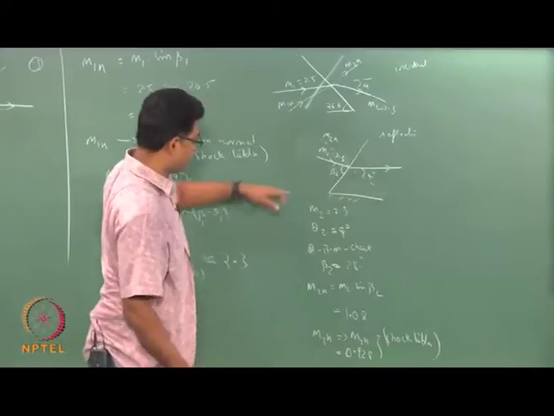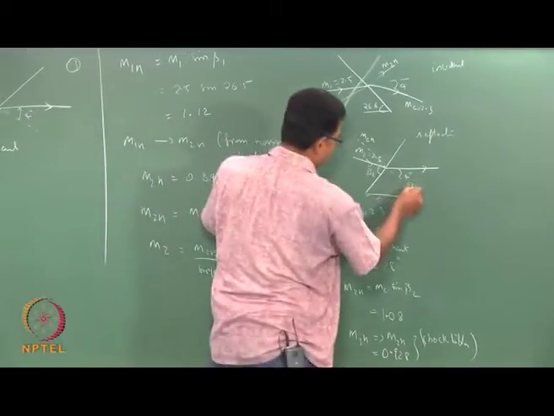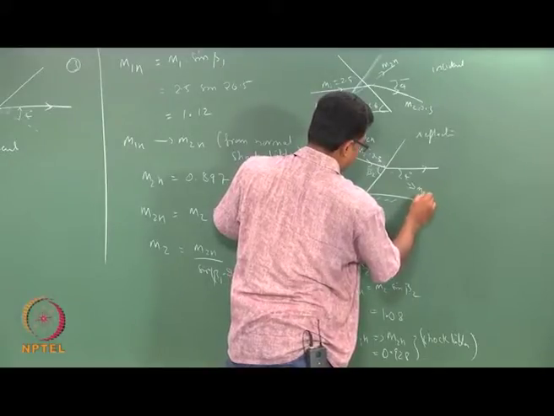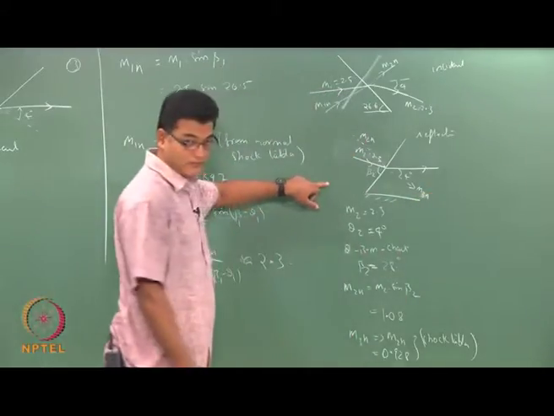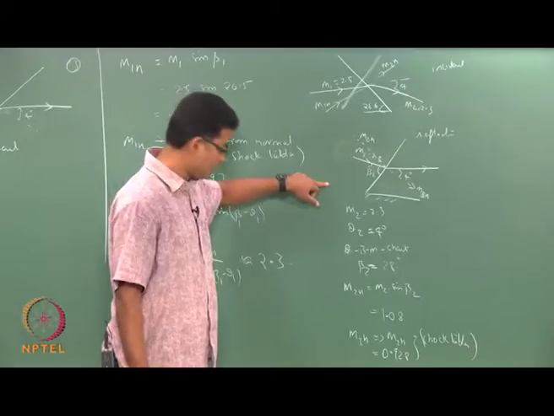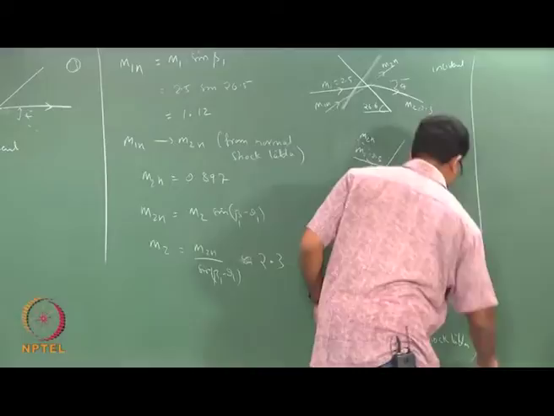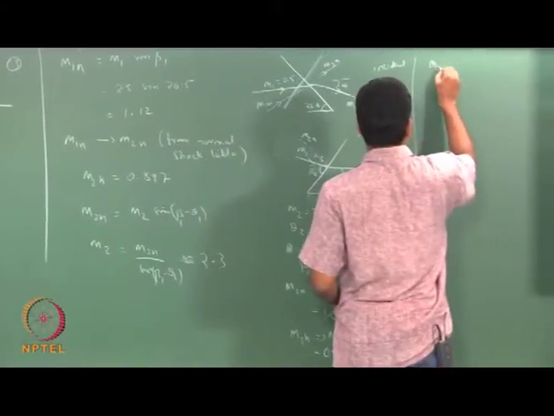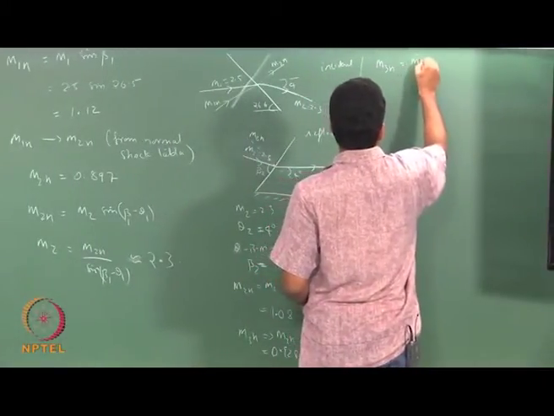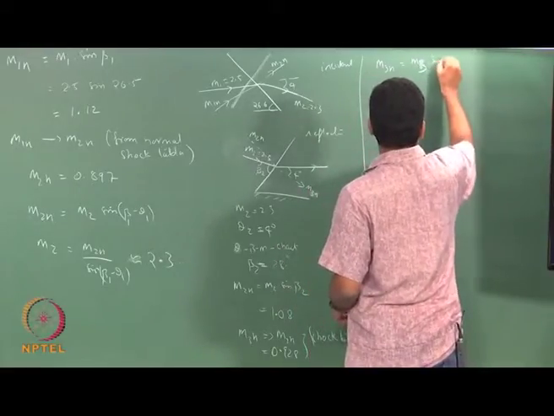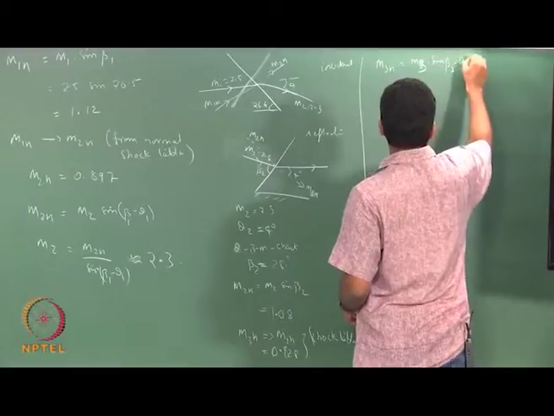Okay. So now I have M3n, which is 0.928. If I have M3n, my M3 sin of beta 2 minus theta 2 equals M3n.